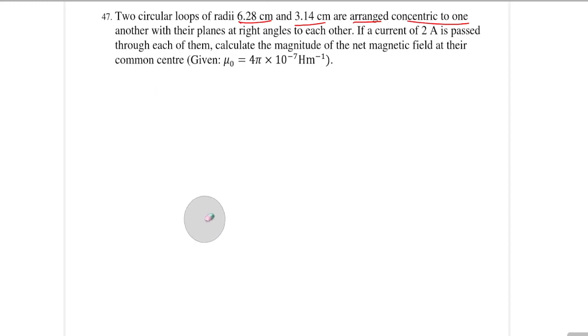Now here we have two circular loops of different radii, but these loops are placed with their planes at right angles to each other. To understand this, if you have a current carrying loop as seen earlier, and current flows in one direction, by using the right hand clasp rule, the magnetic field will be normal to the loop. This is how the field will be.